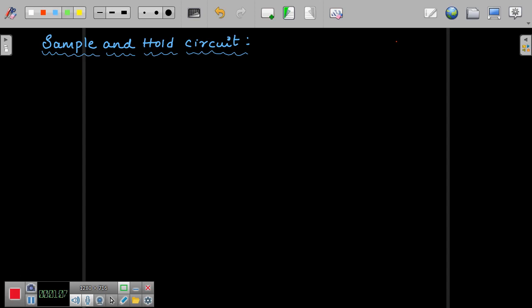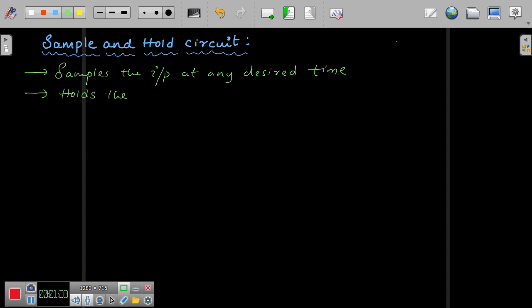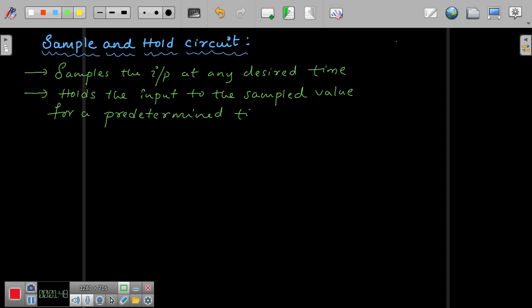So this is the meaning of sample and hold circuit, that is, it samples the input at any desired time, and next holds the input to the sampled value for a predetermined time period. This is the meaning of sample and hold circuit.